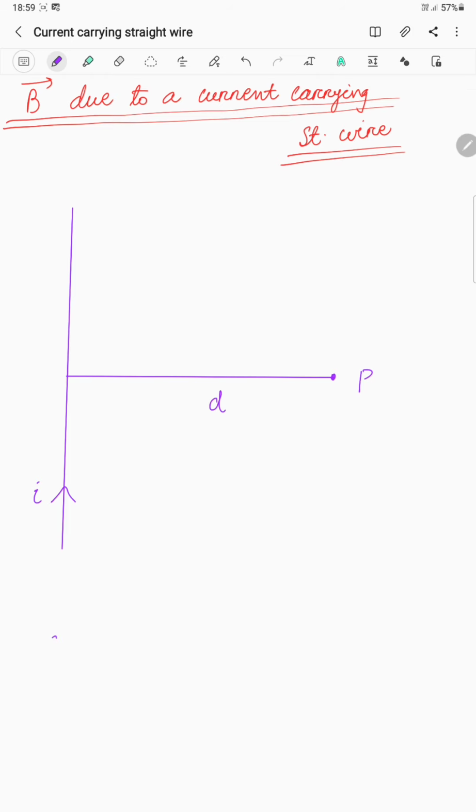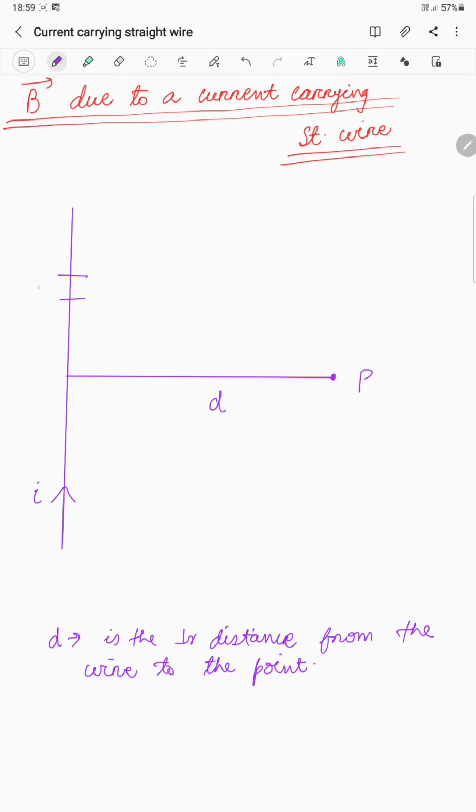So I can write here, D is the perpendicular distance from the wire to the point. Now in that current carrying wire we will take a very small element dy, and this dy element is situated at a distance y from the center.